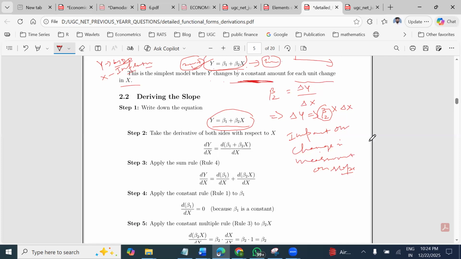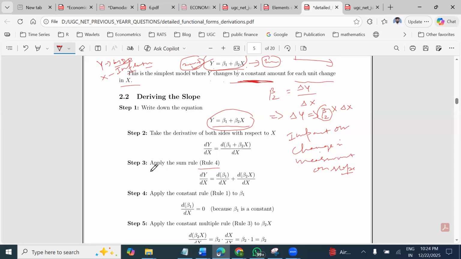So let us first complete this one. First you will write down the equation, then take the derivative on both sides, right? First of all, this is beta 1 plus beta 2 x. Now you can apply the sum rule, rule number 4, which you have learned.